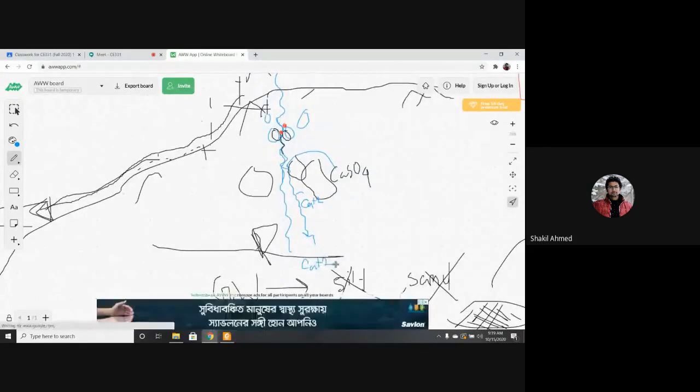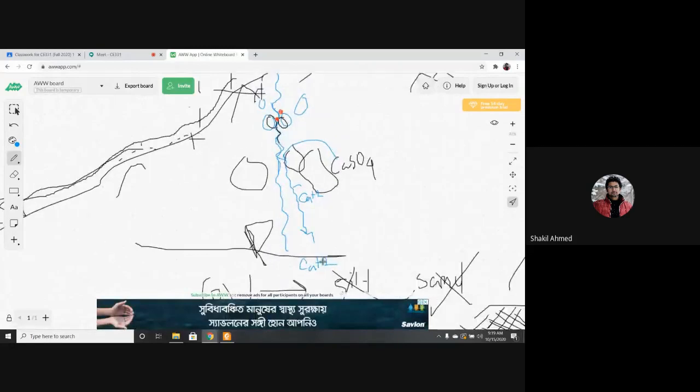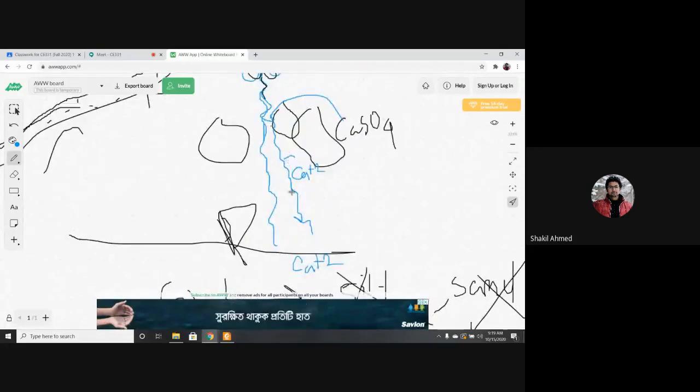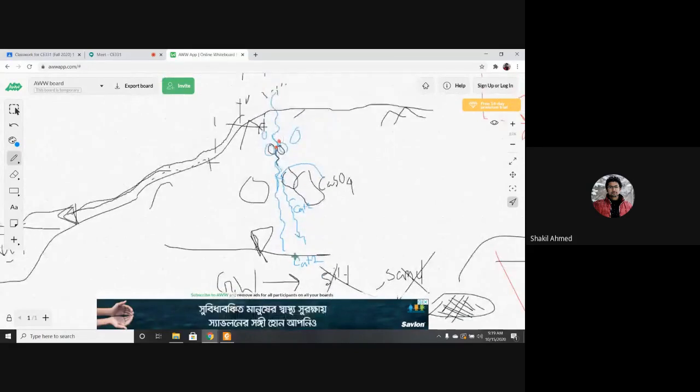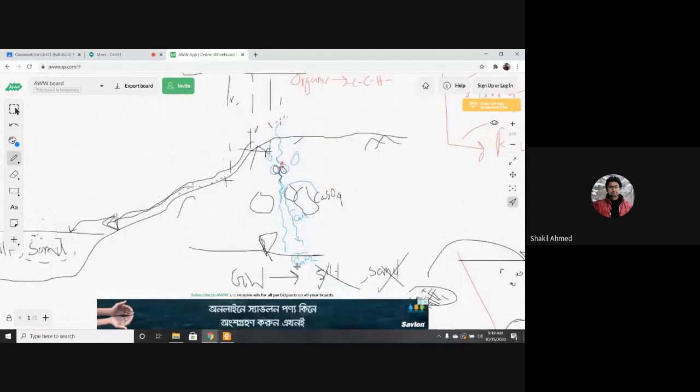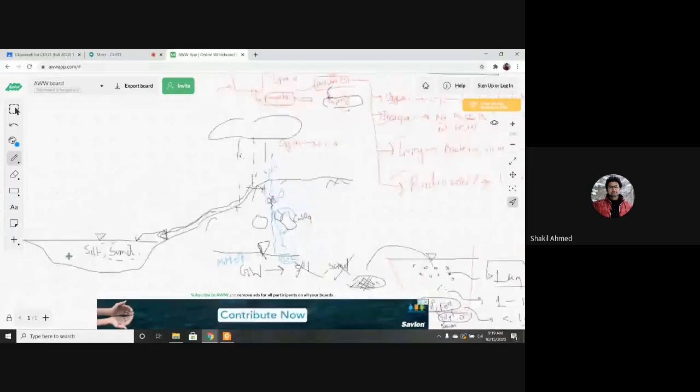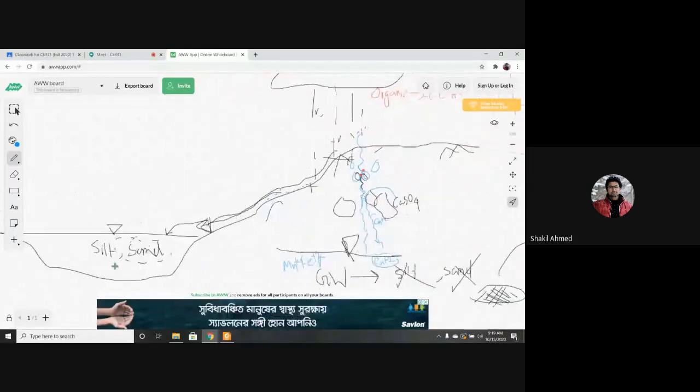Since this is dissolved calcium, filtration cannot stop it from reaching the groundwater. So you will get calcium, iron, manganese in groundwater, but in surface water, usually you may not get these minerals. Clear?